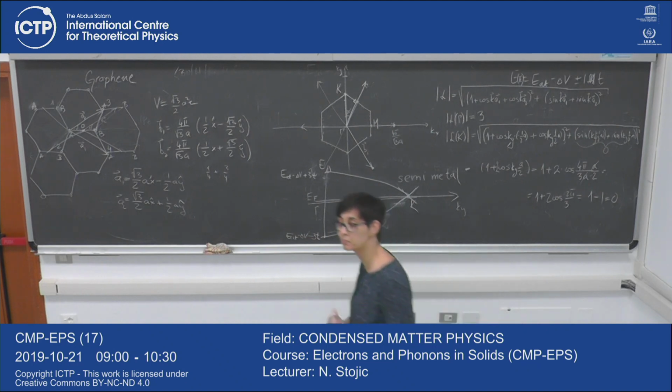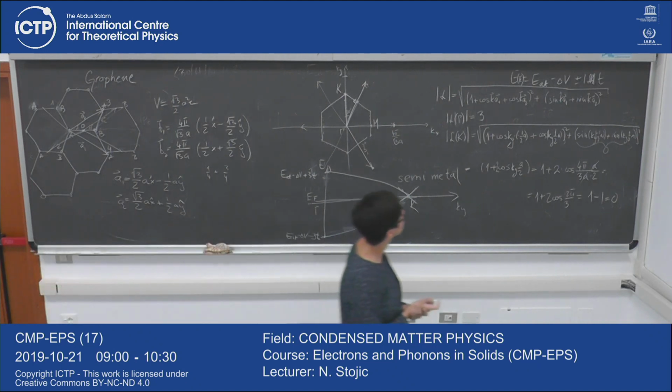So at the K point, the coefficient for the hopping, the T, is 0. So at that point, there is no possibility of hopping. At the K point only.